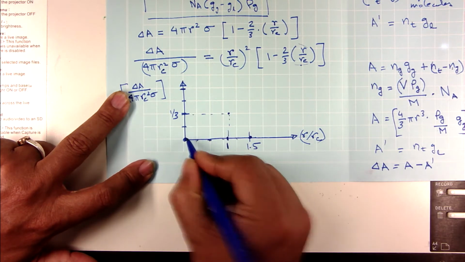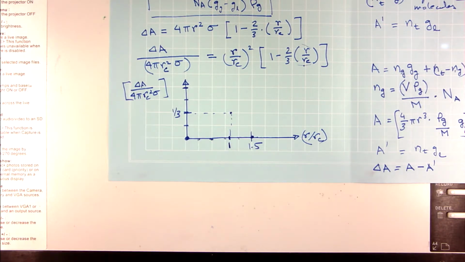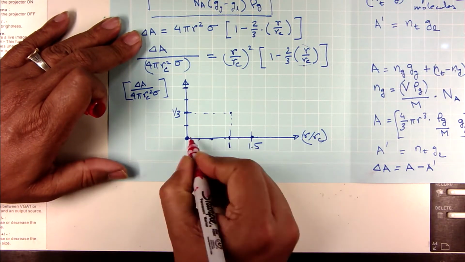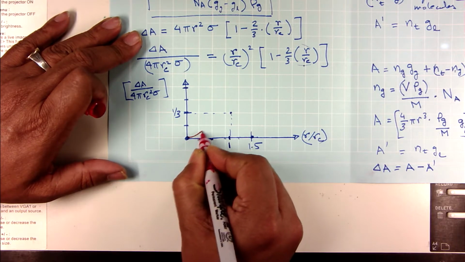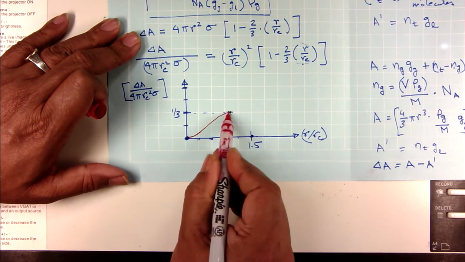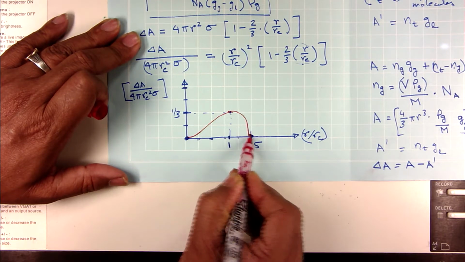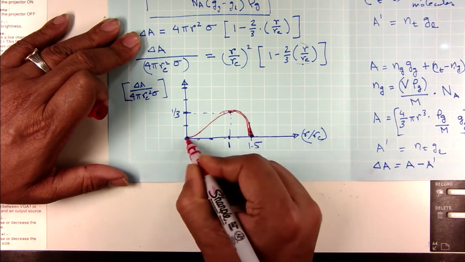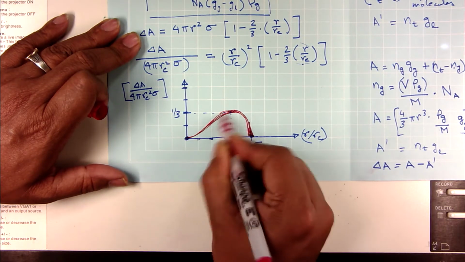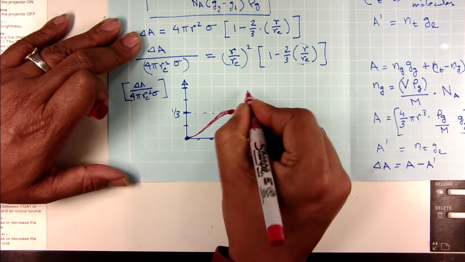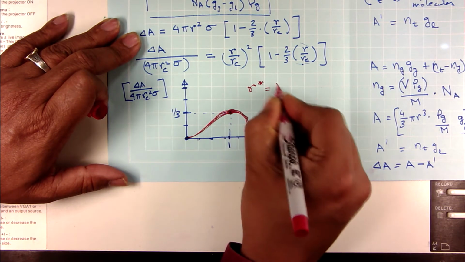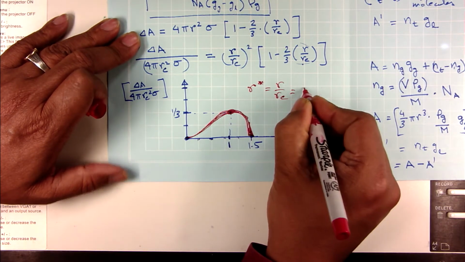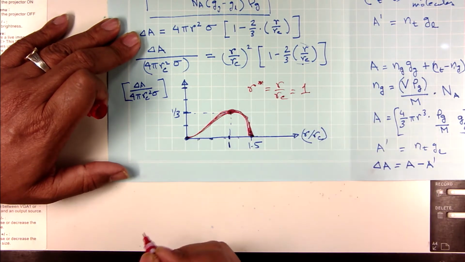If you do the plot, and I am not a very good person at drawing things, so I will make an attempt at it. Okay, so you will see it will go through a maxima at r star, r by r c equal to 1, is where you get the maximum. Okay.